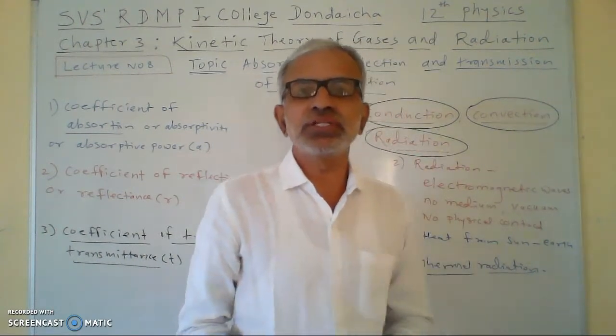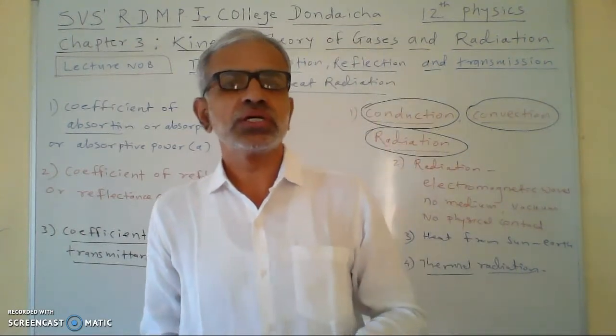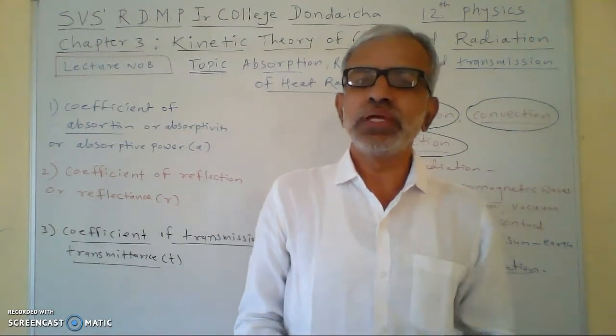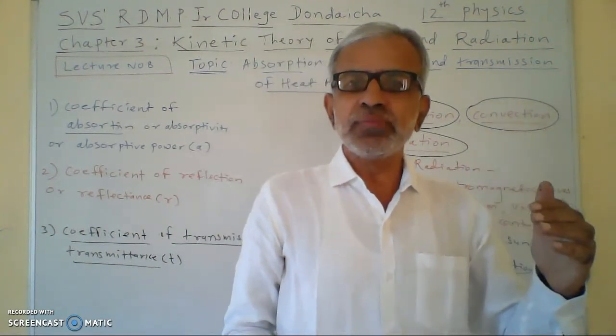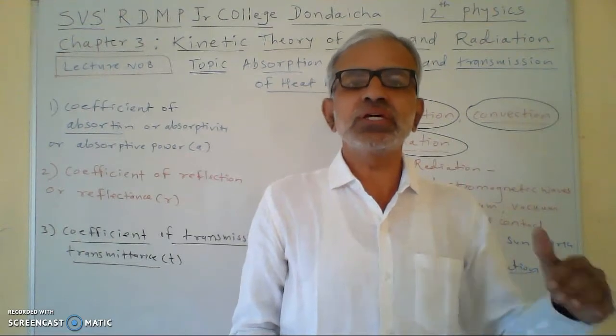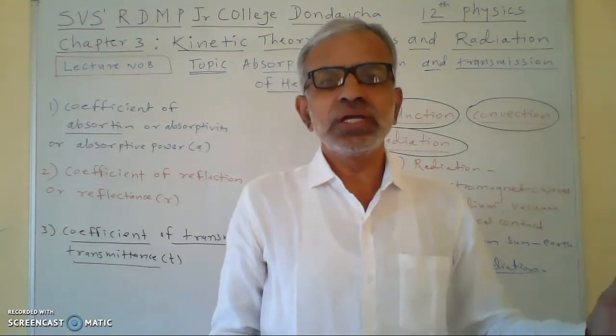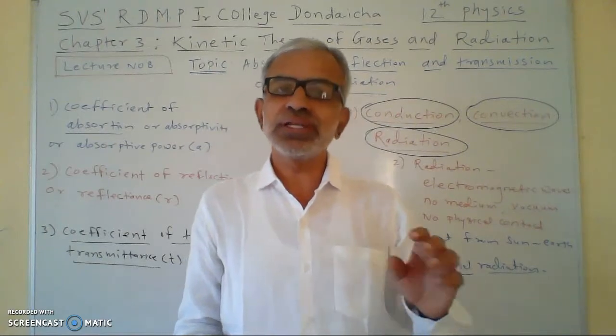So thermal radiation is the process of emission of heat in the form of electromagnetic waves from the body at high temperature to the body at lower temperature, or to the surrounding at lower temperature. So this is the meaning of thermal radiation.